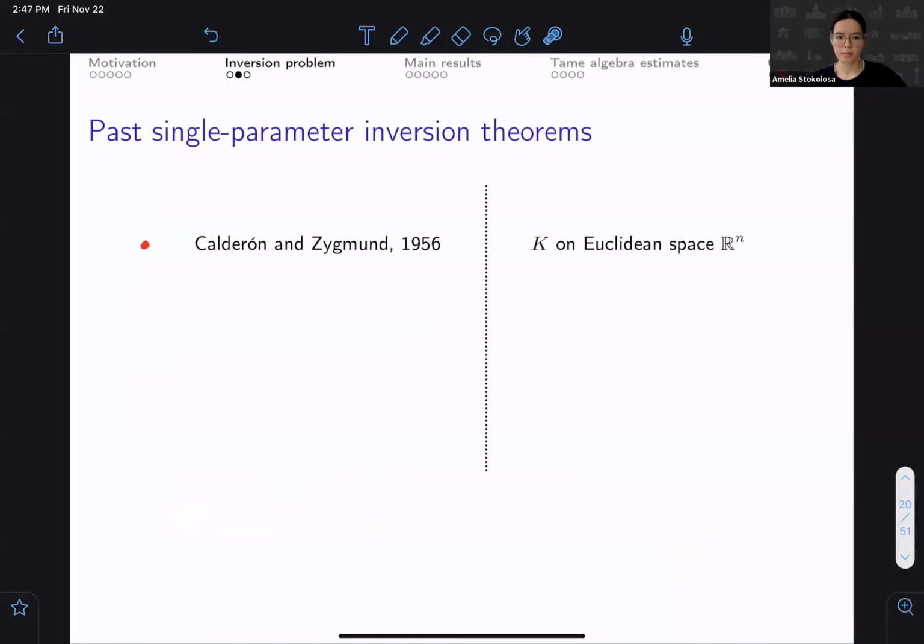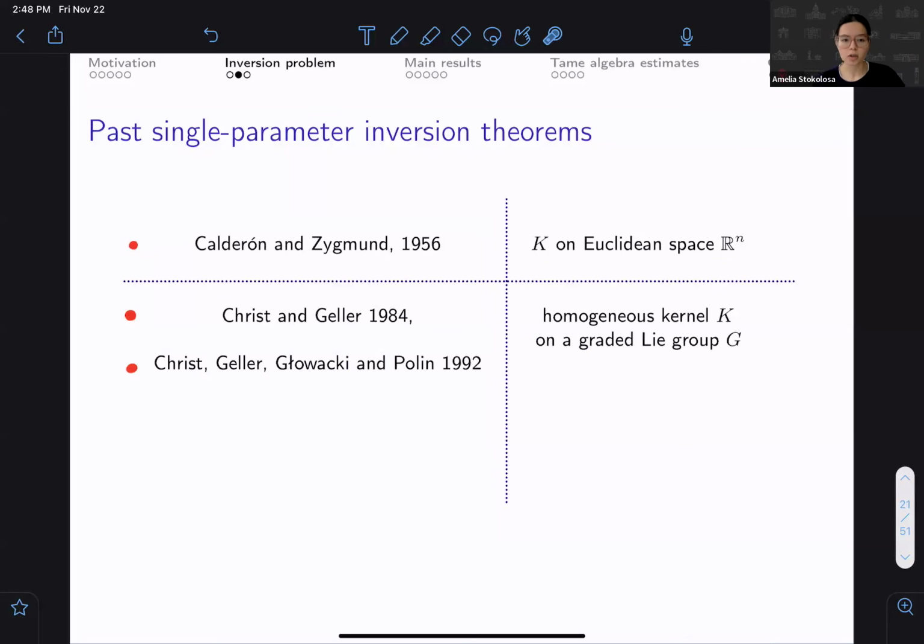Before I present the theorem, I should mention some past works. There's been quite a lot of work on single parameter inversion theorems, starting off with the foundational work by Calderon and Zygmund in 1956, where they studied kernels on Euclidean space.